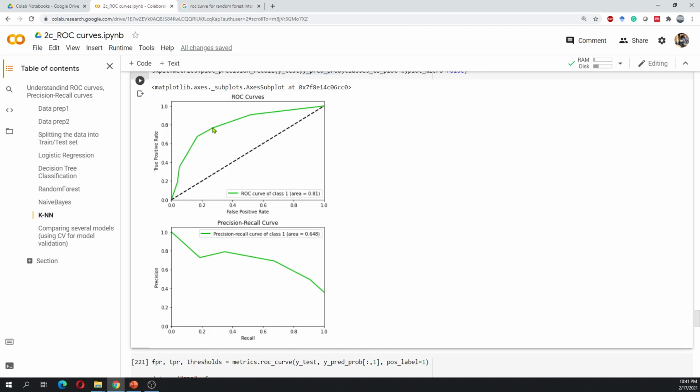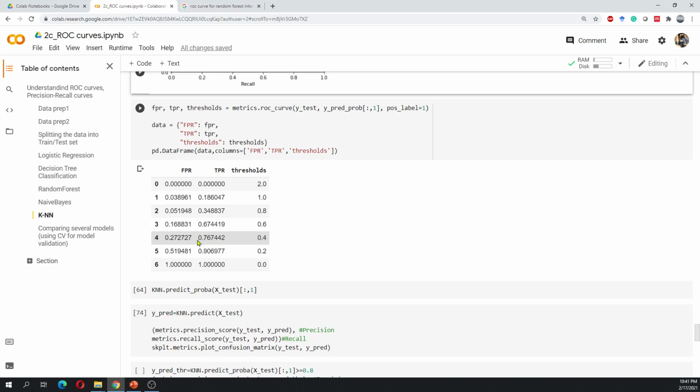About 0.8 true positive rate, 0.3 false positive rate. It's this. So I would need to set my threshold at 0.4. Okay, and that was it.